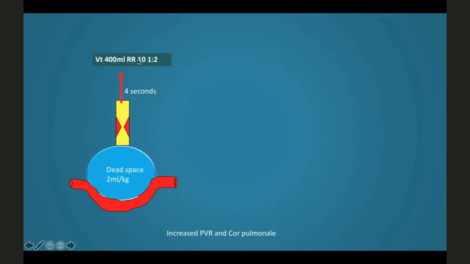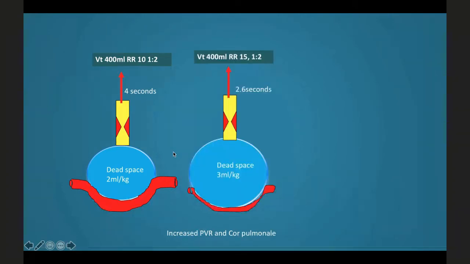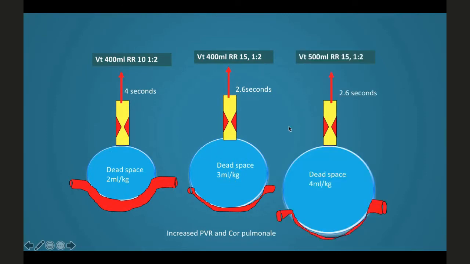Initially 400 ml, 10 tidal volume, 1:2 IE ratio. The dead space was around 2 ml per kg. We gave 4 seconds for it to come out. If we just increase the respiratory rate, we are giving less time, 2.6 seconds for 400 ml to come out. But again, the physiological dead space has gone to 3 ml per kg.